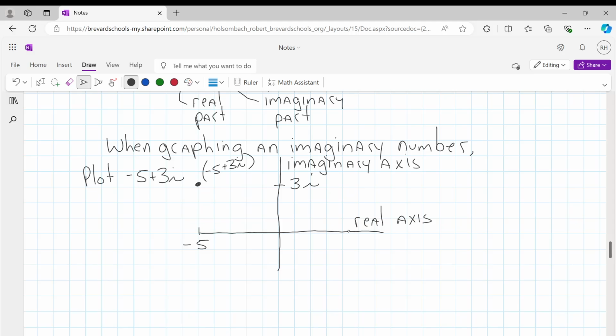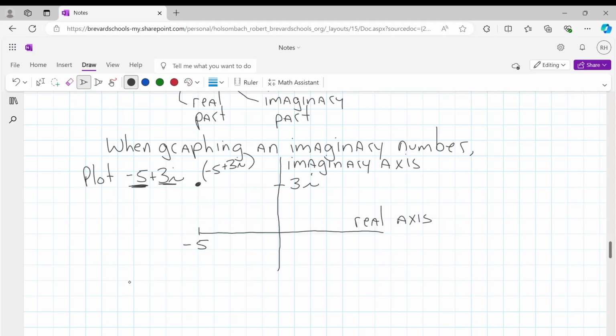All right, the horizontal portion corresponds to the real portion. The vertical axis corresponds to the imaginary portion. Okay?